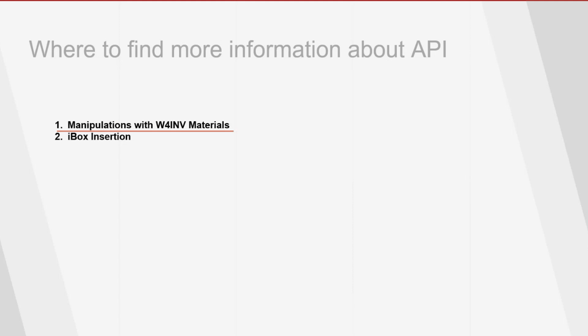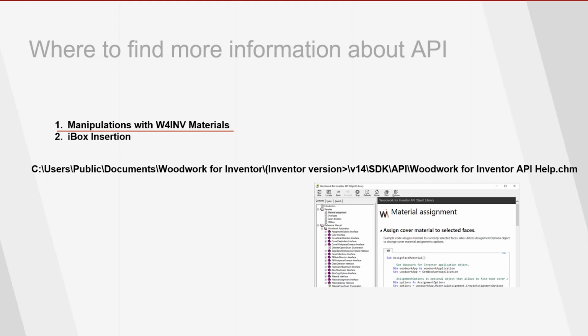The next source is the help file, which is also delivered with an installation. And you see on the screen where you can find it. In the introduction of this file, you will find a description of how to link the Woodwork for Inventor API libraries, because you need to link them. Without it, it does not work in your own applications.